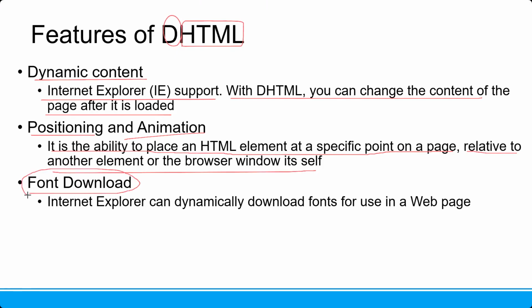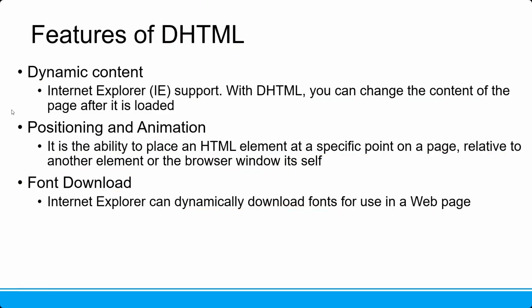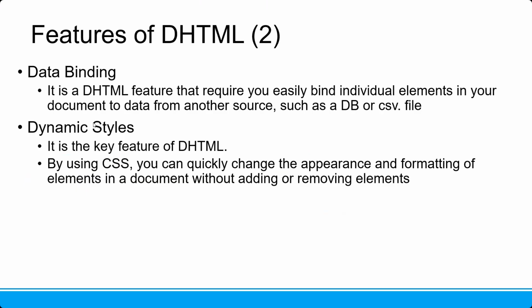And there might be some font download. If you are using Microsoft, then it will dynamically download fonts for use in the web page. If you use another kind of browser, it depends whether the browser has the default setting or not. And for the DHTML, we can have a kind of data binding.